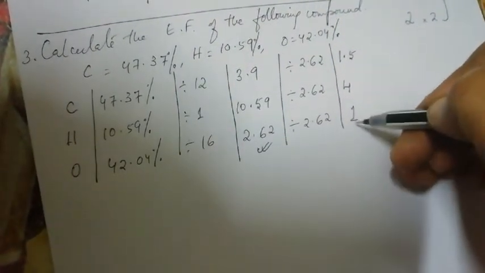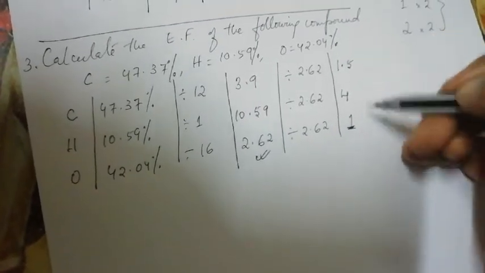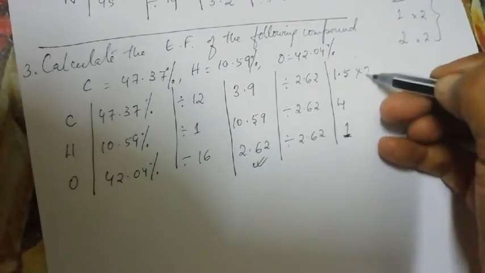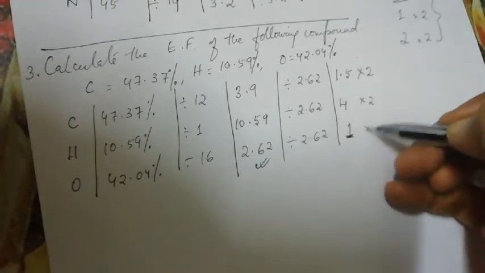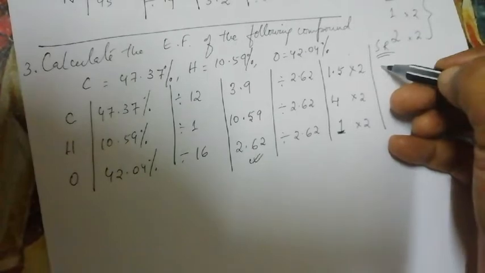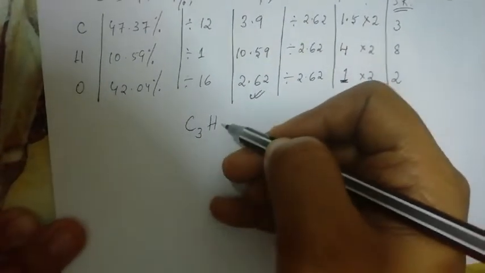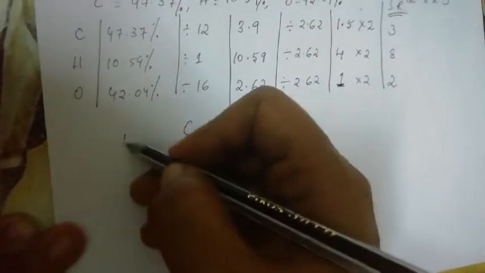So here you cannot round this off to 2. So in order to get the simplest whole number ratio, multiply all 3 by 2. So the simplest ratio comes to 3, 8, 2. So the empirical formula is C3H8O2. This is the empirical formula.